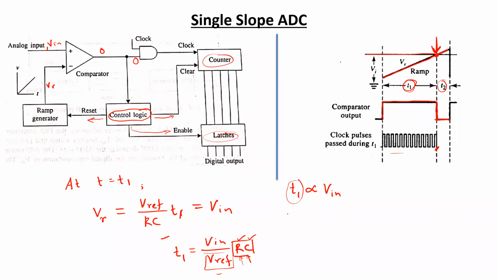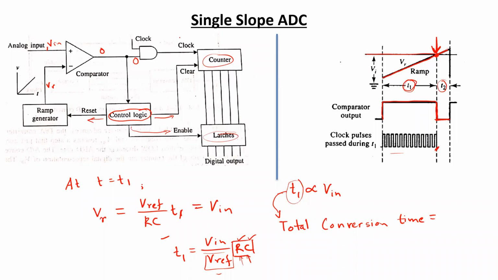Before I move on to the dual slope ADC, let me just say that this time duration T1 can also be referred to as the total conversion time for the single slope ADC. This is the time required for the ADC to complete the conversion process.